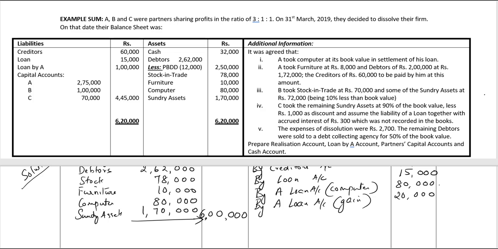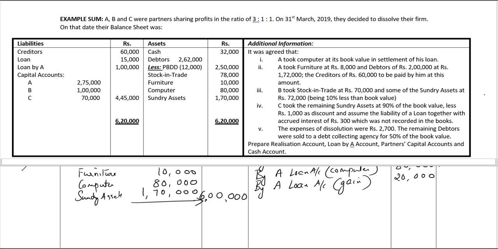Second point, A took furniture at rupees 8,000 and debtors of rupees 2 lakh at rupees 1,72,000, and the creditors of rupees 60,000 were to be paid by him at this amount. So for the assets taken over by A's capital account, furniture 8,000 rupees and debtors taken at the value of 1,72,000 rupees.